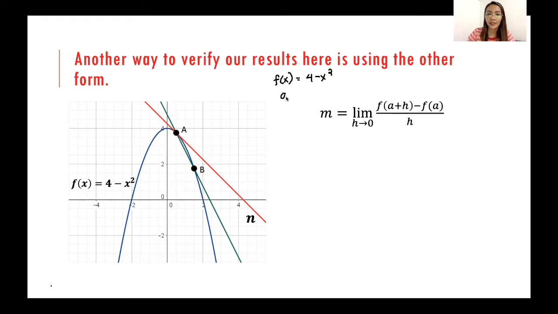Our a is equal to 1/2, and f of a is equal to 15 over 4. Tama. So, either kahit alin yung unang definition natin or ito yung gagamitin nyo, pareho lang dapat yung lalabas na sagot. So, kapag ginamit natin to verify our result, dapat negative 1 din yung lalabas niya.